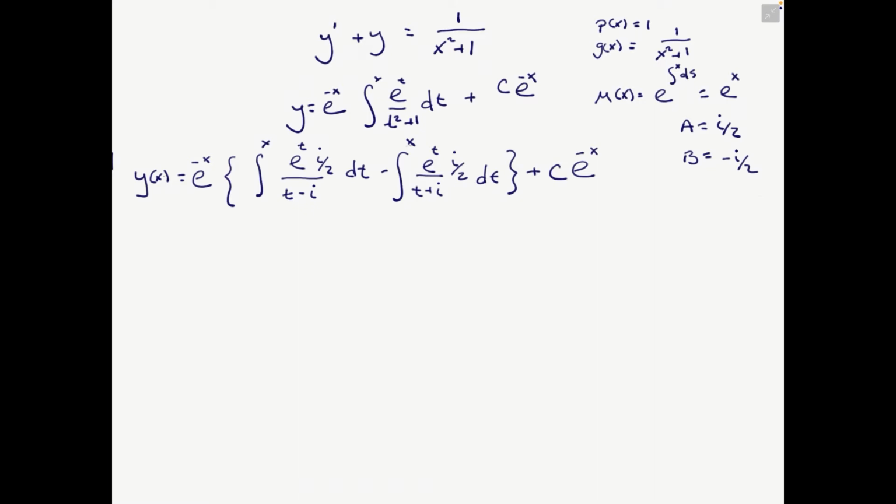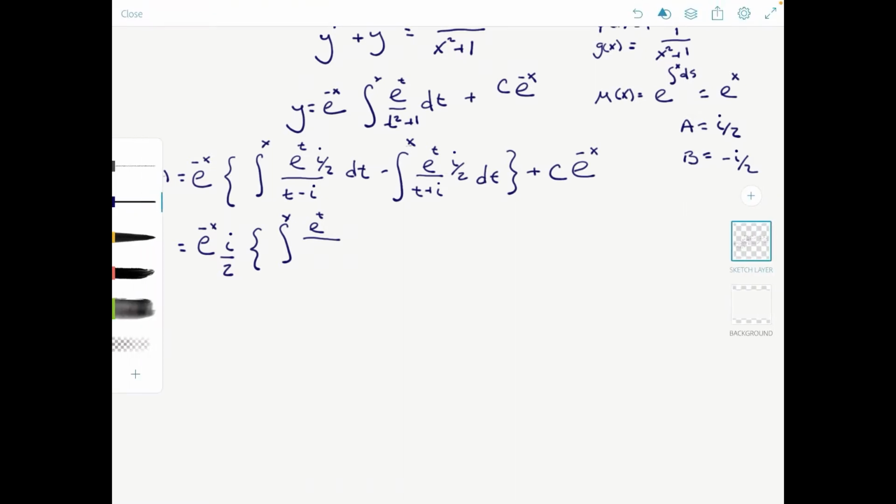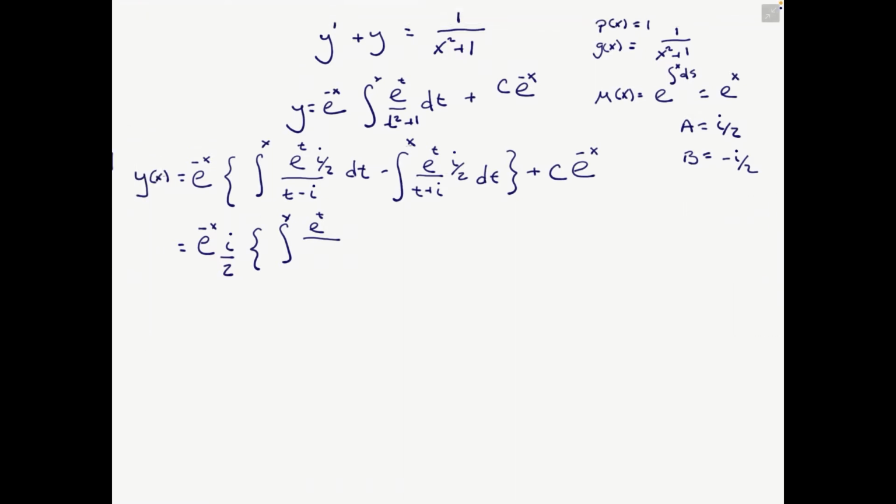I can bring the i on 2 out. e to the minus x times i on 2 e to the t on, you know what, I think I have this backwards here. That should be plus, whoops.